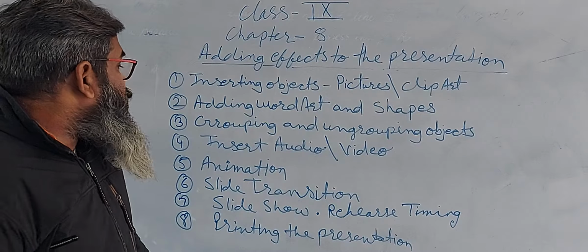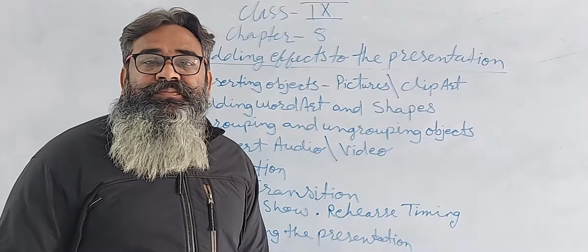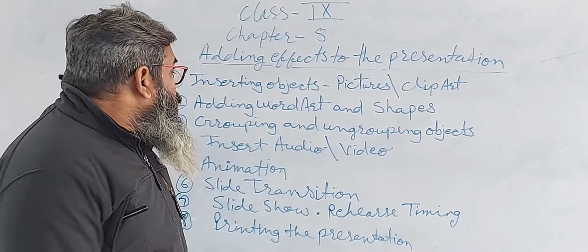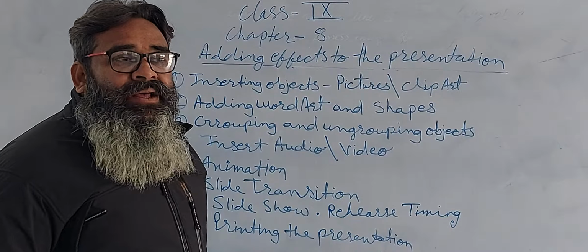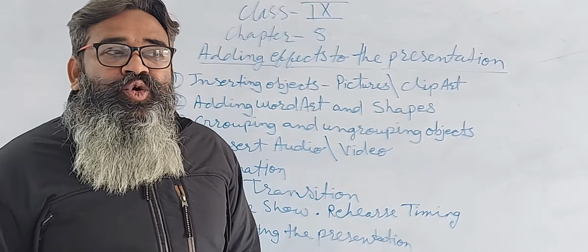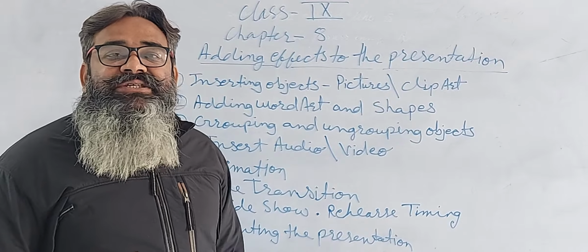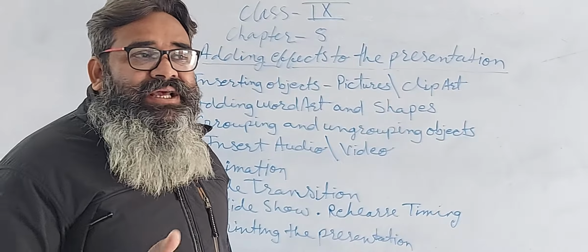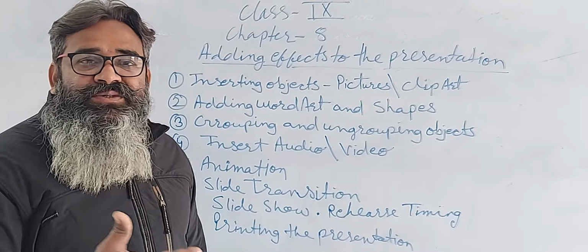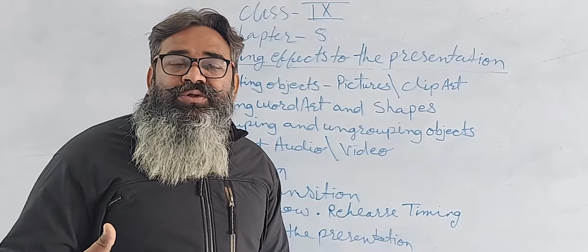Then moving on to grouping. When we put some objects on a slide, we can also group and ungroup them. Now, what is grouping? If any object is selected, we can change its whole direction of presentation in our slide. We can put objects just behind the text or in front of the text.